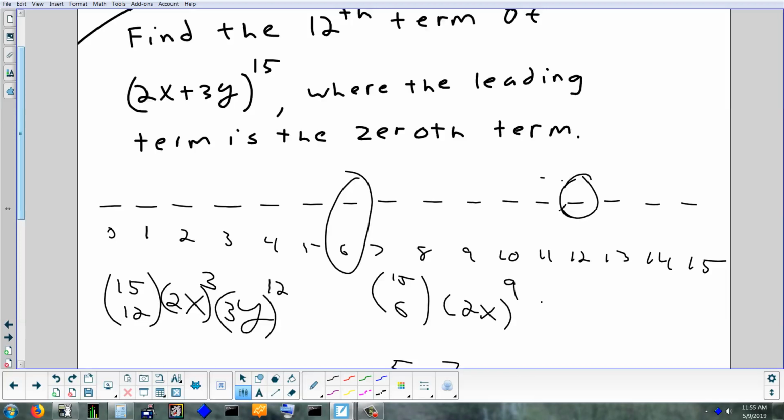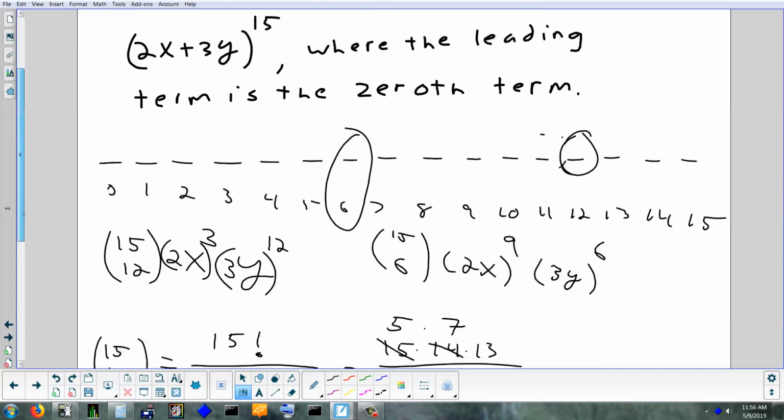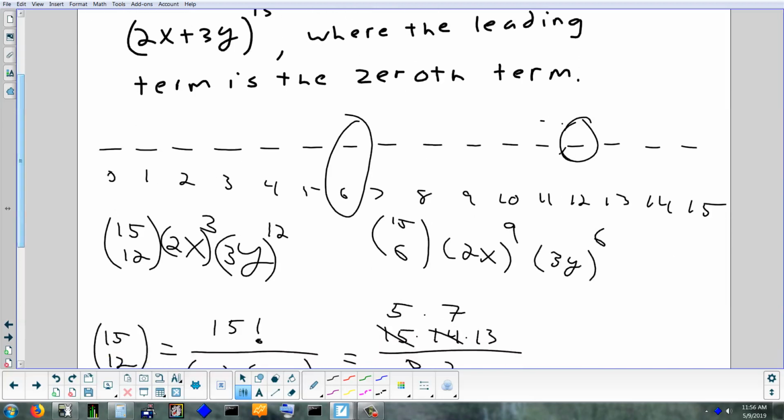And then 3y to the 6th, yep. And we'd have to do out the 15 choose 6, see what you get. And then do 2 to the 9th times 3 to the 6th. That's how you can find a specific term when you have to expand out something that's a really big power.